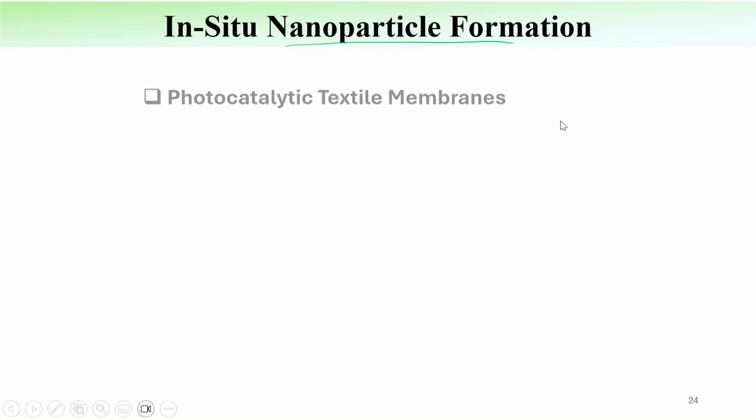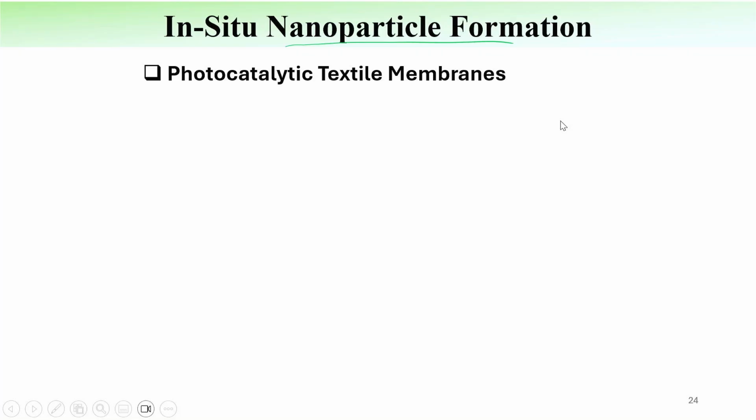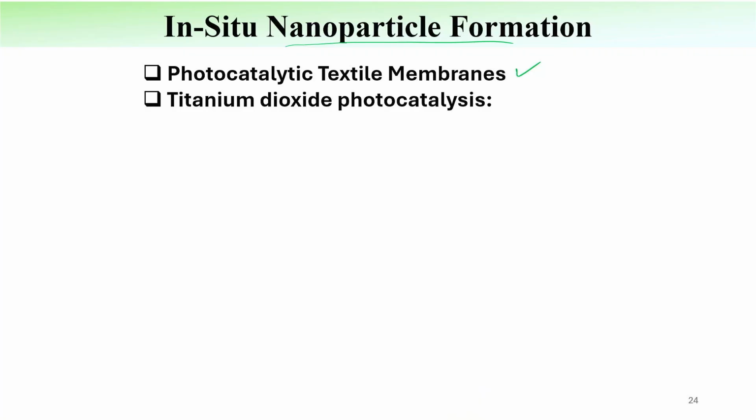There is a process, the photocatalytic textile membrane we use. These photocatalytic textile membranes are used for water filtration, and titanium dioxide photocatalysis is the process which forms the membrane.